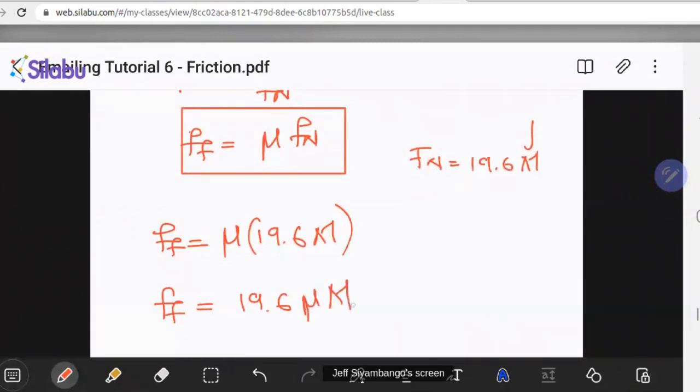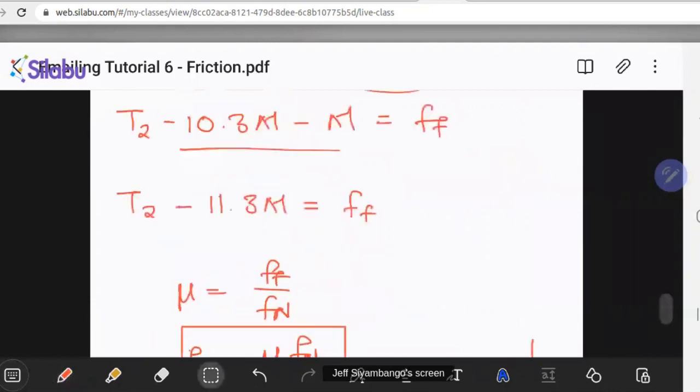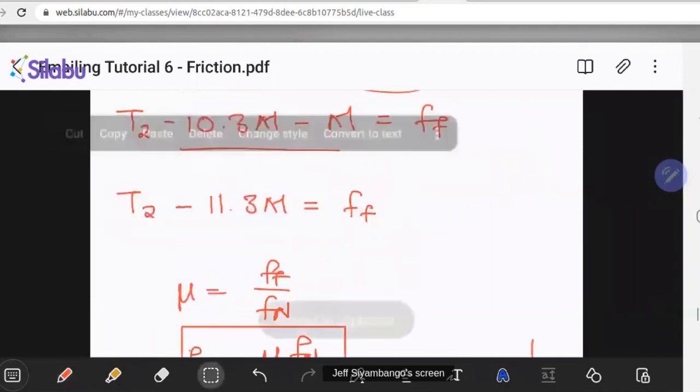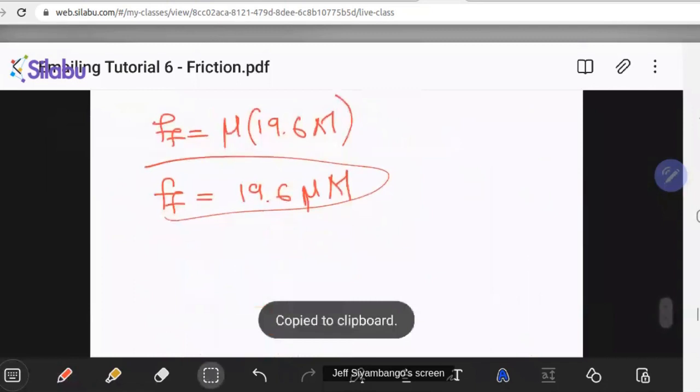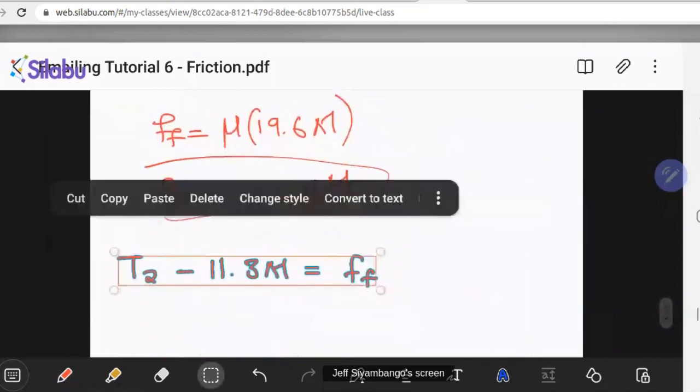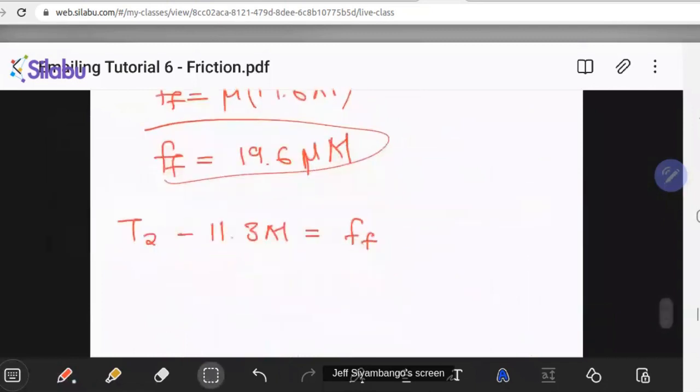We can then get this expression for the force of friction and bring it here. So where there's force of friction, we're going to substitute what that is. So this becomes T2 minus 11.3 m is equal to 19.6, the coefficient multiplying m.